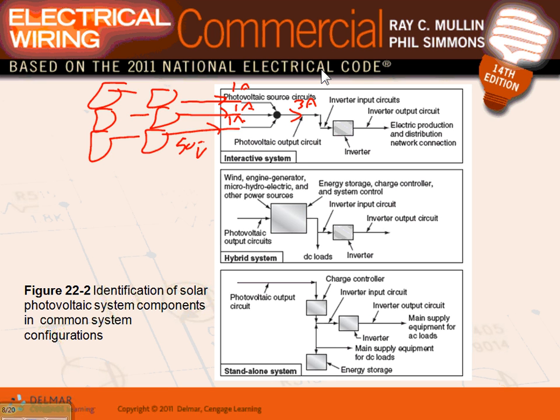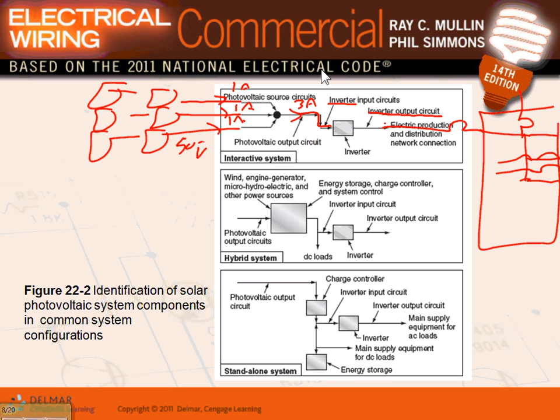Can you guys see that? After that, you bring it to where? To the inverter. You capture what they call the photovoltaic output circuit, and you bring it to the inverter. And what do you think the inverter does? This is called the inverter output circuit, and the inverter, my friends, will bring it directly into your AC panel.